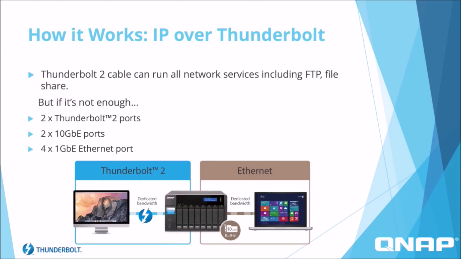And mind, the four 1 gig Ethernet ports can be used for port trunking, and they can be used for redundancy and different types of network configurations. Here below, you can see the Thunderbolt NAS connected over the Ethernet, which is on a 10 gig switch.